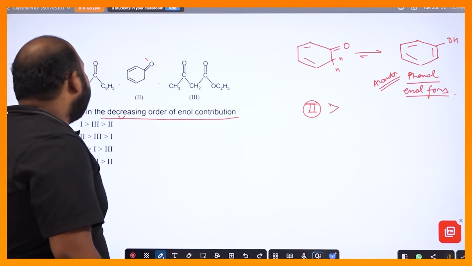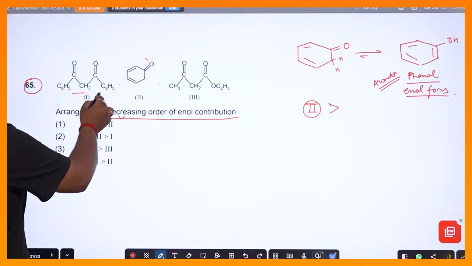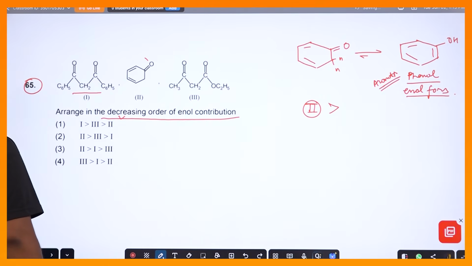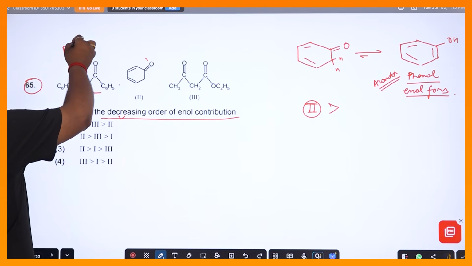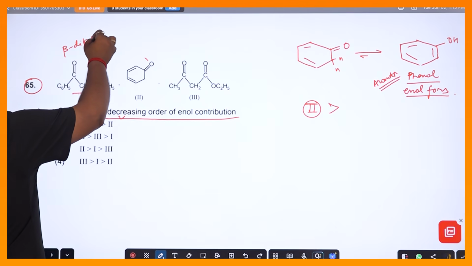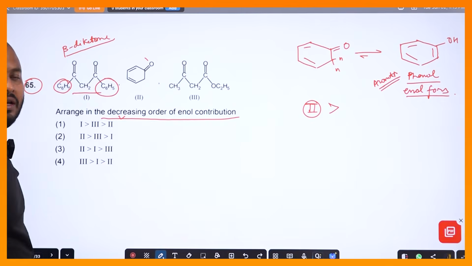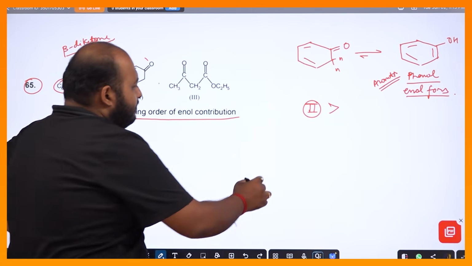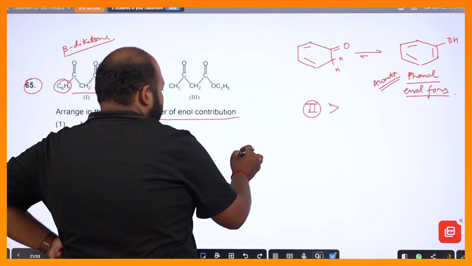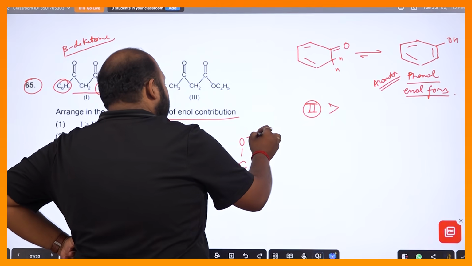Then if we check out these two, this is a beta diketone where two phenyl groups are attached here.